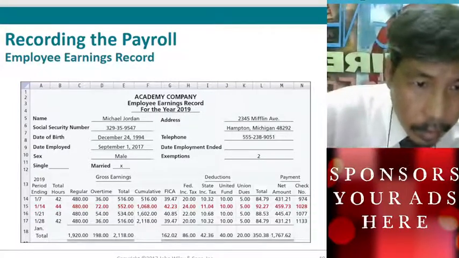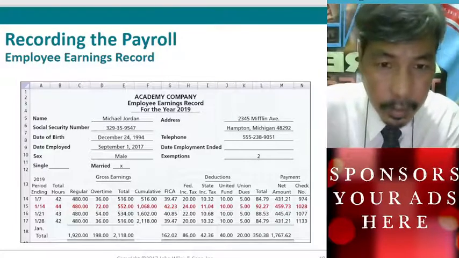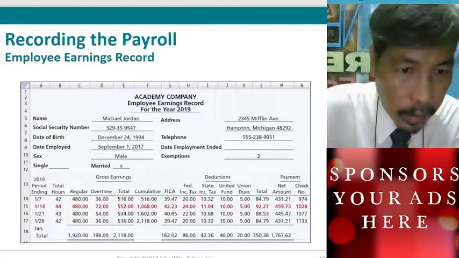That is what, for 1 month. That is Michael Jordan's salary for 1 month.